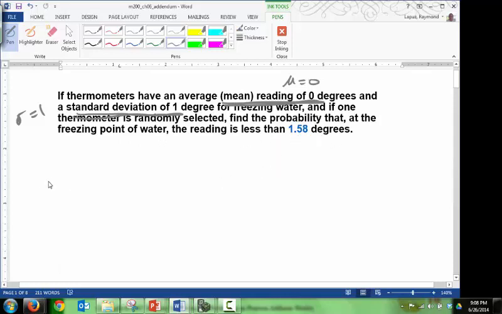So I'm going to draw a graph, and I'm going to draw some notation that I want you to get used to. First, my graph, I'm going to assume that this is a standard normal distribution. And then, because it's standard, my mu, right at the middle, at the high point, is 0. And so 1.58 would be somewhere over here.